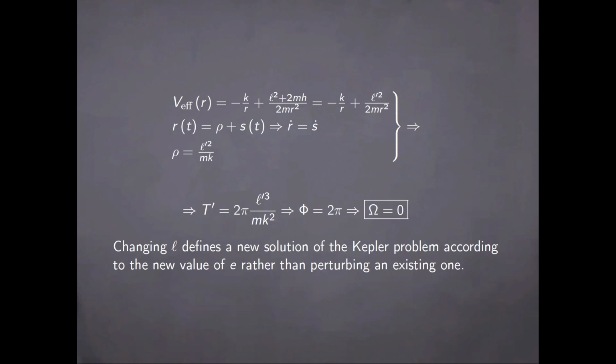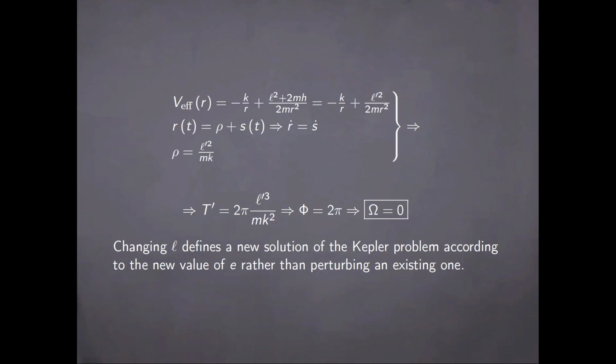And in that case, if we were to study perturbations around circular motion, the equilibrium radius would simply have the expression here, and then the period would simply be given by Kepler's third law for motion in elliptical orbits, and as such the angle phi is exactly equal to 2 pi, and the precession angle is 0.